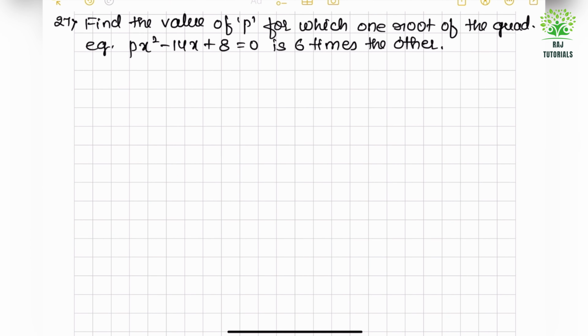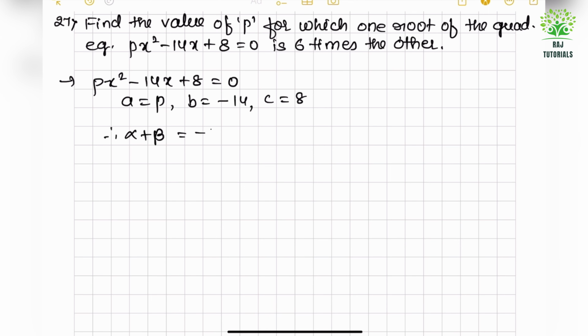Next question says find the value of p for which one root of the quadratic equation px square minus 14x plus 8 equal to 0 is 6 times the other. So the equation given to me is px square minus 14x plus 8 equal to 0. So here a equal to p, b equal to minus 14 and c equal to 8. Therefore I can say alpha plus beta equal to minus b by a, that is minus of minus 14 upon p, so 14 by p.